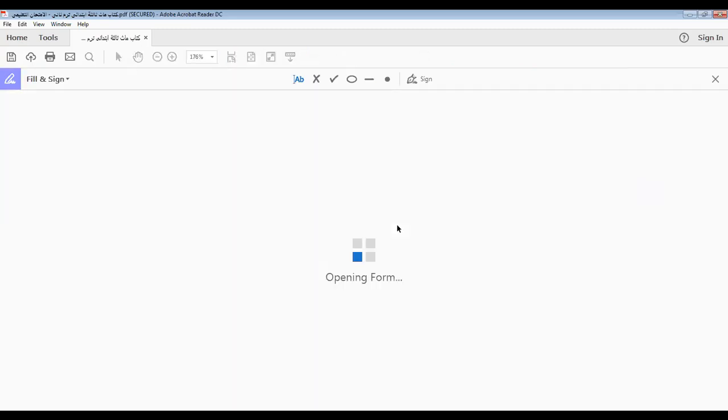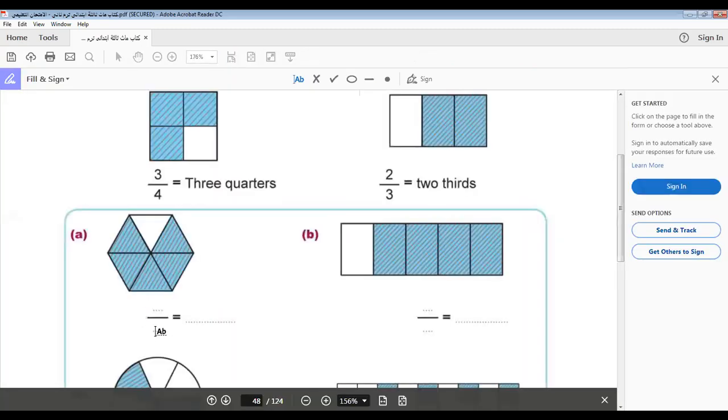First fraction, here in the denominator, the number below the line, we have all equal parts: 1 2 3 4 5 6. So I have 6 in the denominator, and in the numerator how many? 1 2 3 4 5, 5 blue parts.